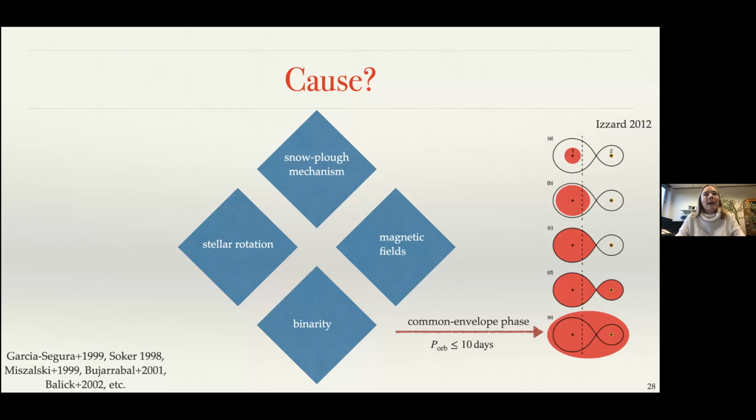It is binary companions that have a very short orbital period, and as such, have a common envelope phase. So this is panel E here, that I show from this figure of Rob Izzard. I come back to that stage. You should just envision that these stars are so close to each other. They are very rapid, they have a very short orbital period, and they have some kind of a common envelope around them.